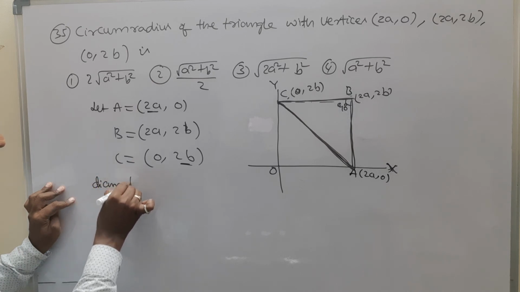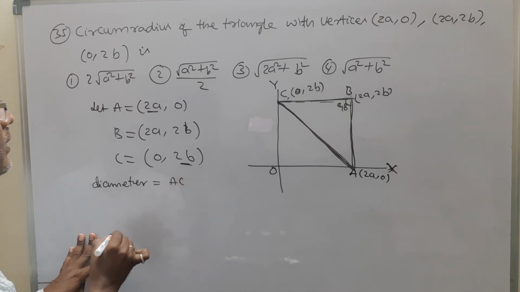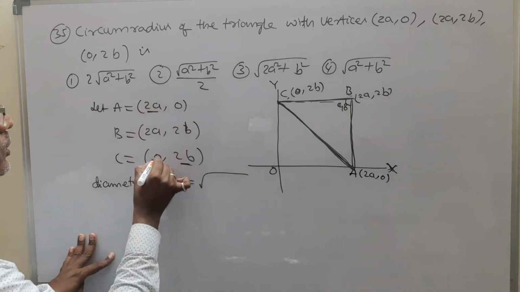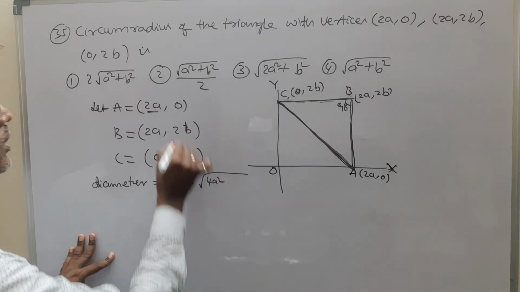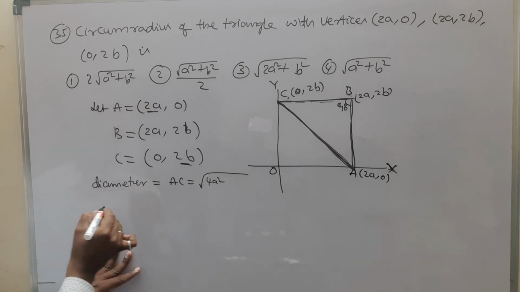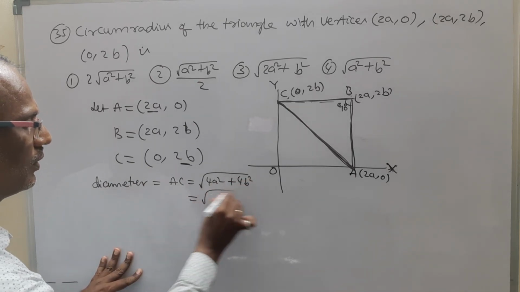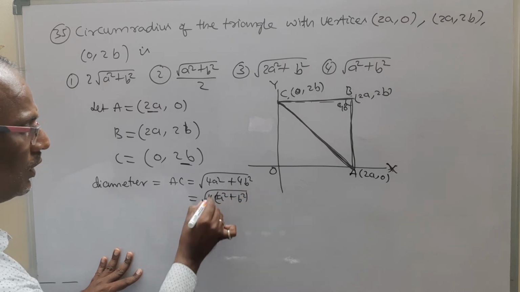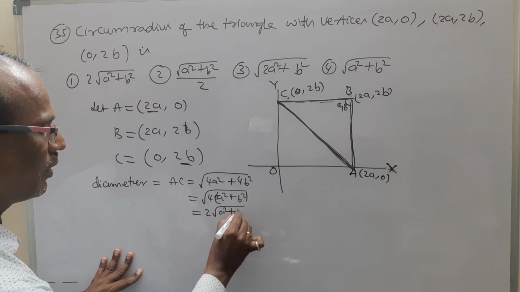Diameter is AC, the distance between 2 points: (2a minus 0) whole square, that is 4a square, plus (0 minus 2b) whole square, that is 4b square. 4 is common, so 4 times (a square plus b square). Square root of 4 is 2. So 2 into root of a square plus b square.